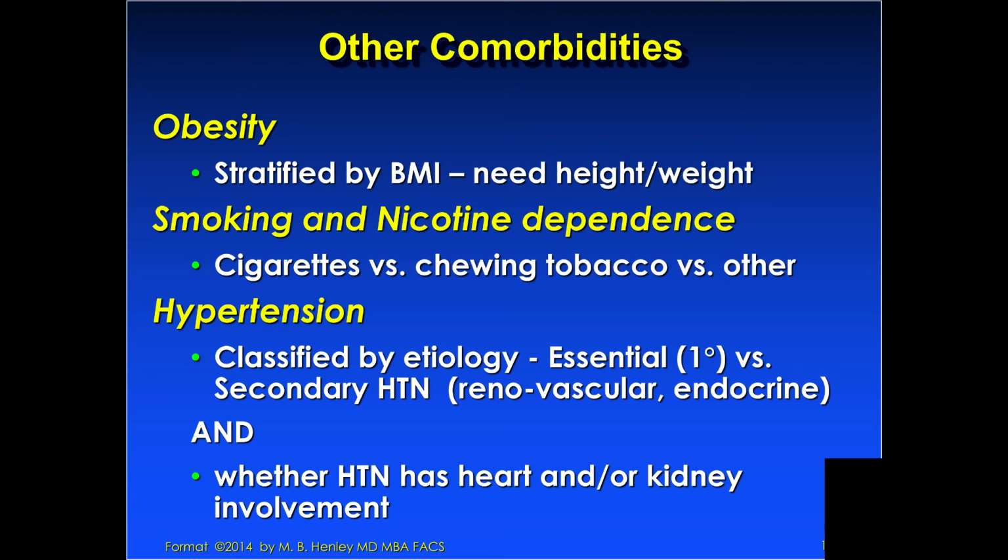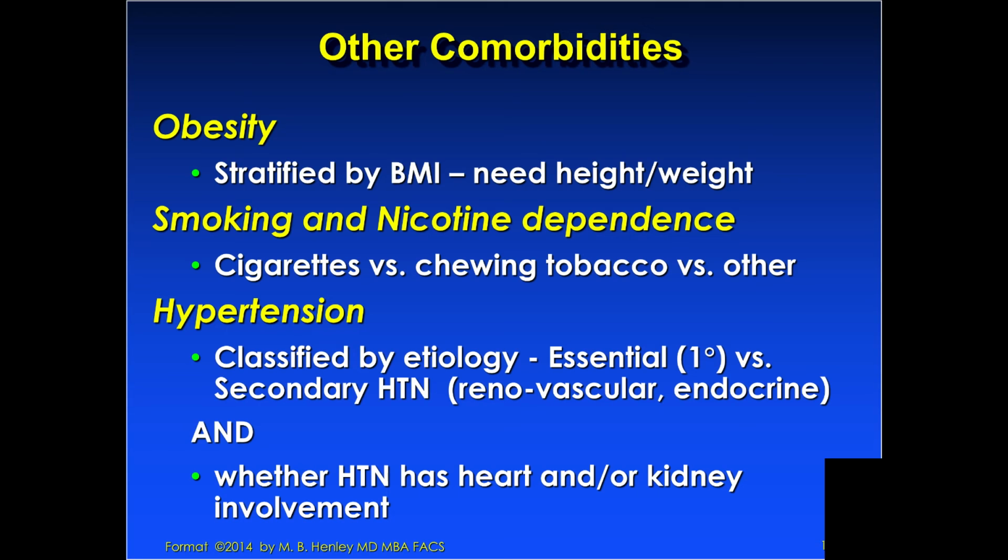Obesity is now not just obese and morbidly obese, it's stratified by every 5 BMI, so you need to make sure that the hospital and your clinic get height and weight of your patients. Otherwise, you won't be able to categorize that. Smoking, nicotine, you have to say how the patient gets their nicotine and whether they're dependent on it. For example, do they smoke cigarettes, chew tobacco, smoke cigars? Do they use snuff?